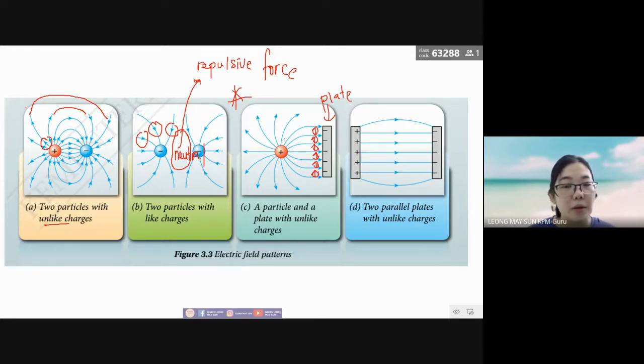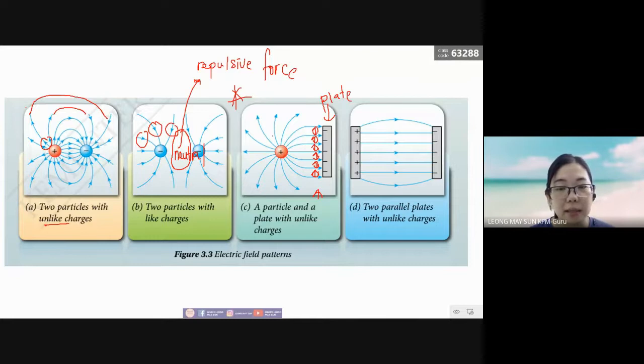Should the number of lines coming out from the positive go into the negative be the same? Not necessarily. That only applies for a positive and negative charge. If it's a charge and a plate like this situation, we don't bother.